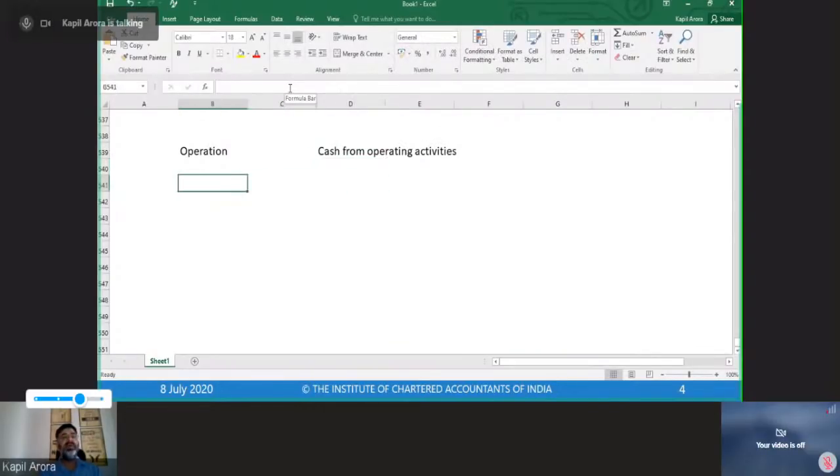The other type of cash flows could be cash from investing activity, all fixed assets, non-current assets movement.